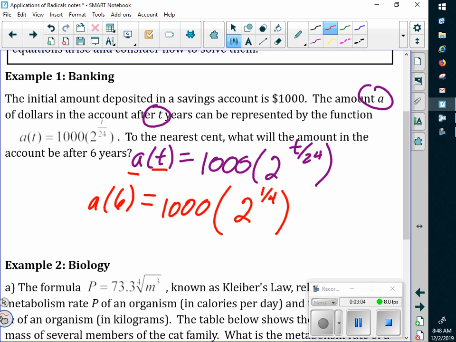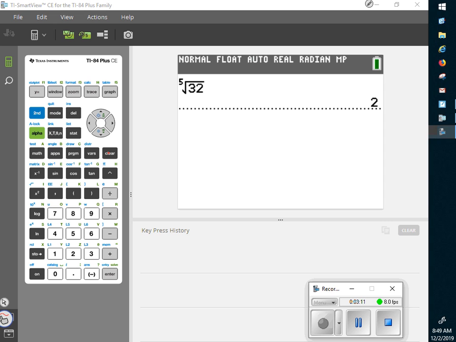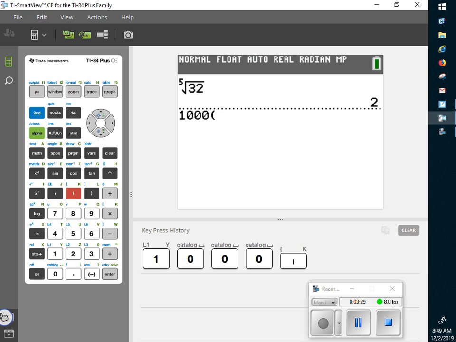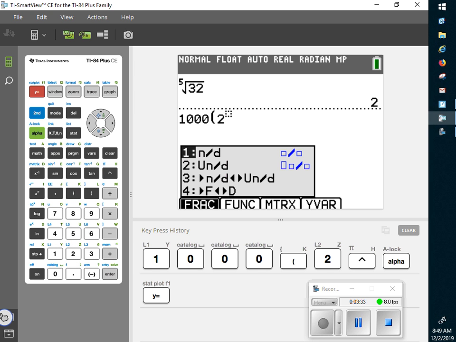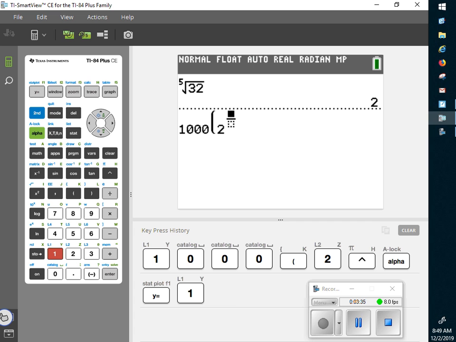All right, let's get your calculator. Now, where did mine go? Because I have it. There we go. 1,000 times 2 raised to a, and I want you to do alpha y equals 1/4.